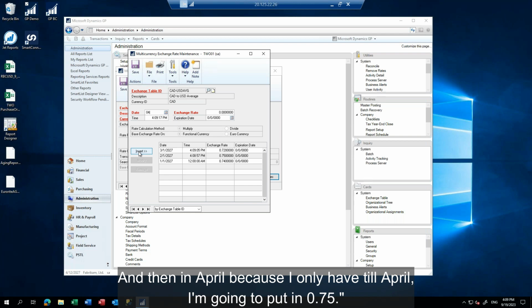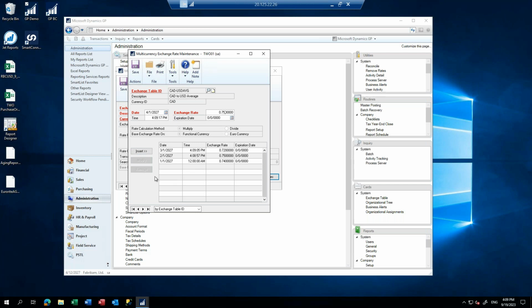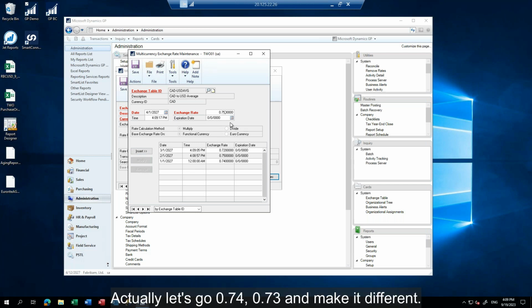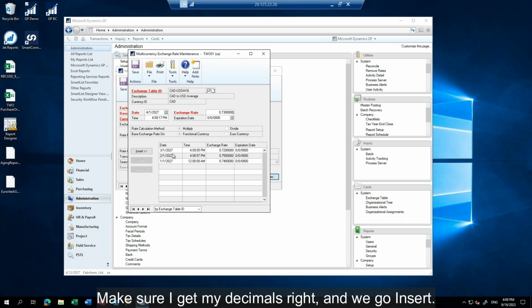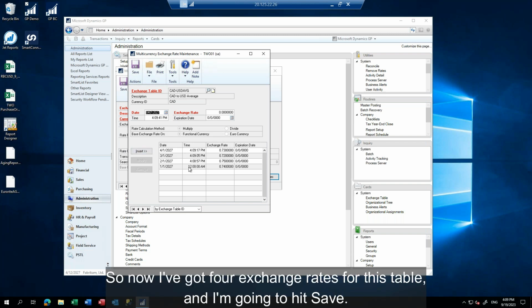And then in April, because I only have till April, I'm going to put in 0.75. Actually, let's go 0.74. 0.73 and make it different. Make sure I get my decimals right, and we go insert. So now I've got 4 exchange rates for this table, and I'm going to hit save.